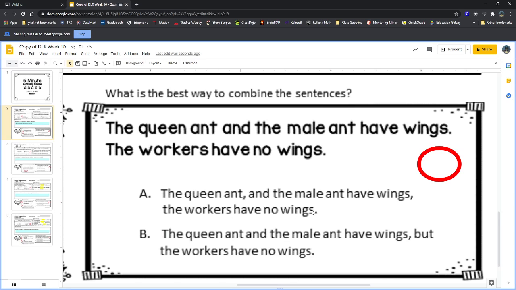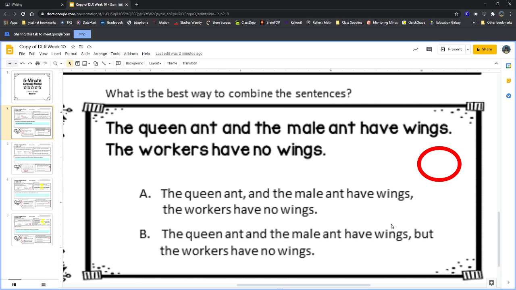So they did 2 things here. Number 1, they added a comma after the queen ant. And second thing they did, they changed the period into a comma. Changing the period into a comma is, I guess you could say, like halfway the right thing to do.